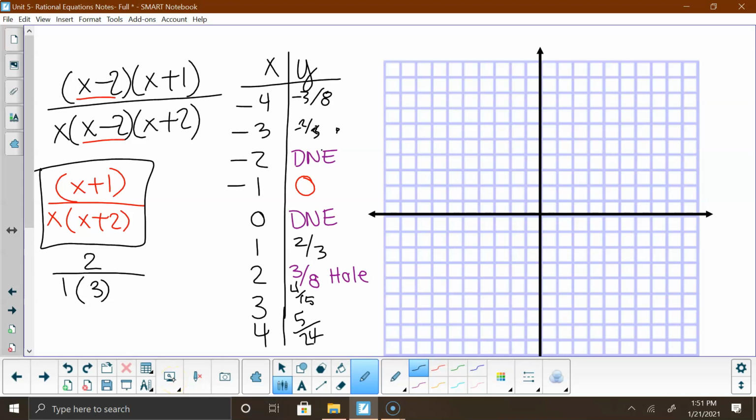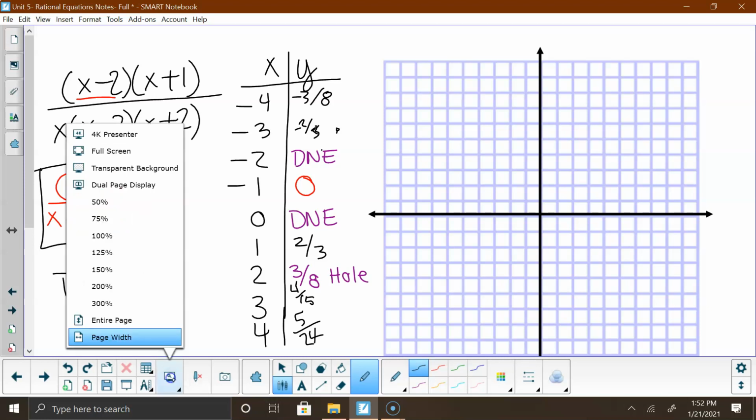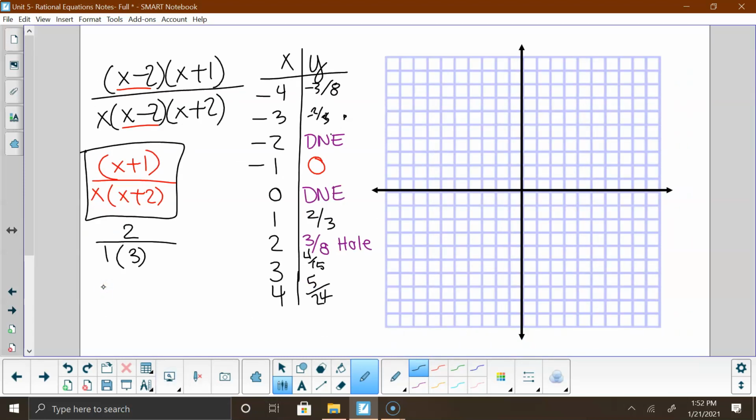Alright, so, do we agree? Magic stamp. Alright, so, let's do this. When I go to graph these, especially like the DNEs, I do those first.